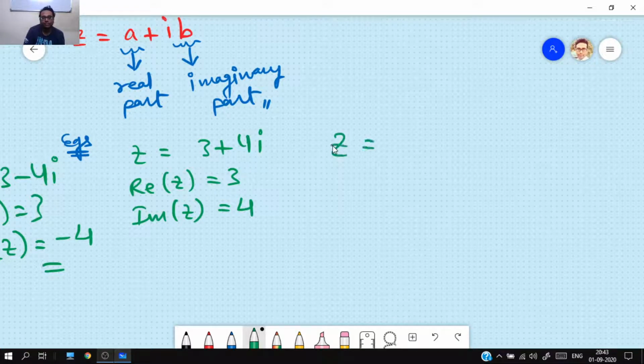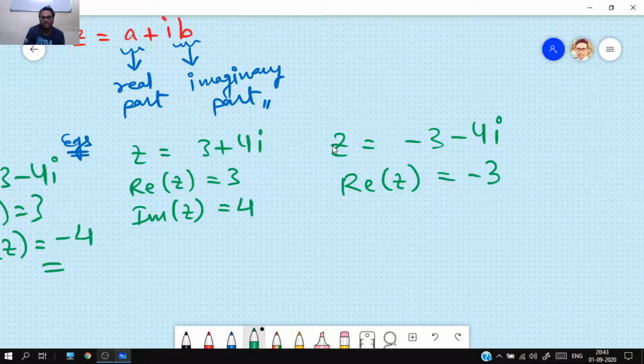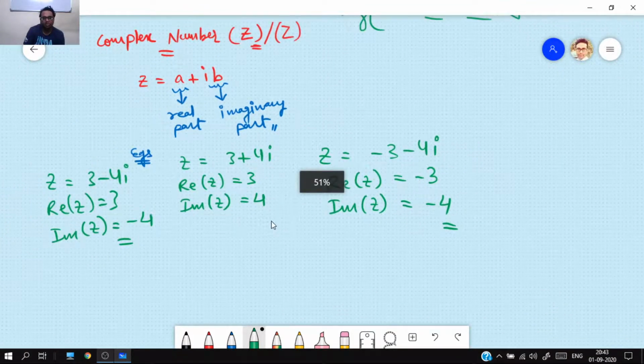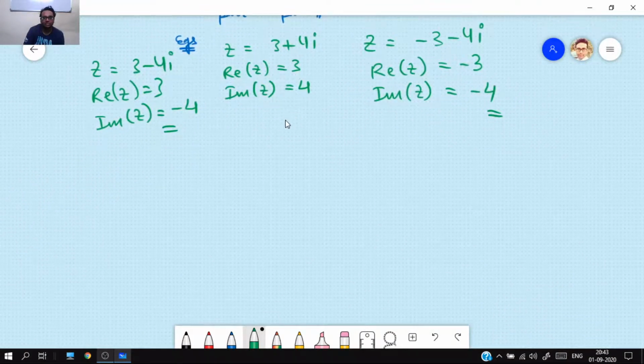Z is equal to minus 3 minus 4i. Then the real part of z is equal to minus 3, and the imaginary part of z is equal to minus 4. So given any complex number, you can easily write down the real part and the imaginary part. I hope I am clear with this.